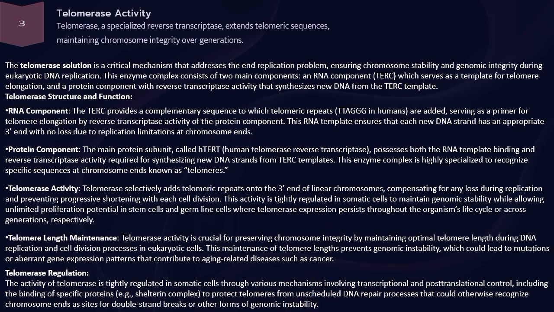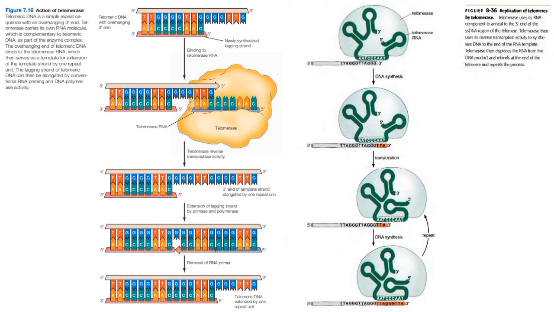Now let's visualize the activity of telomerase. So this is the pictorial illustration of the entire process. This is the 3' overhang and 5' end of the telomere. This is the telomerase enzyme. So what happens is, this is the RNA component of the telomerase.